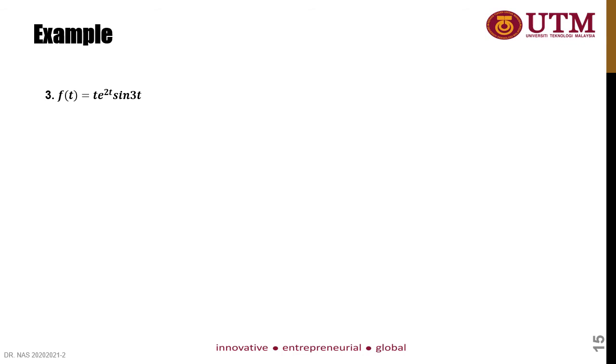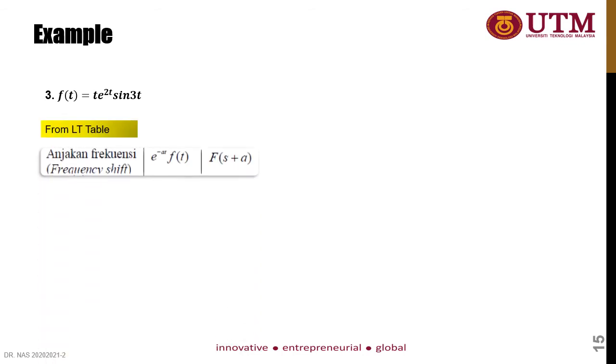So for this kind of function, from the table you may find a combination of this equation, e to the minus at f(t). In this case, if you compare to the given equation, it is equal to e to the t, so your f(t) equal to t sine 3t. So in S domain, it will be F(s plus a).